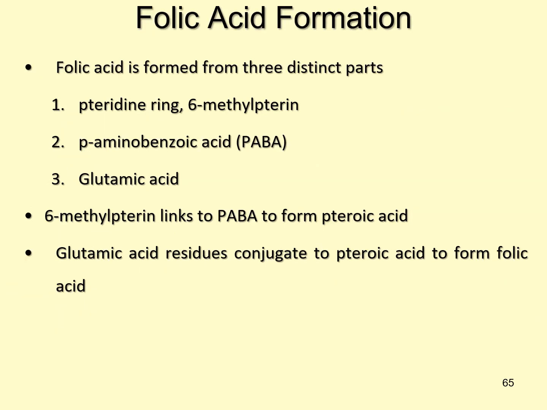Folic acid is formed from three distinct parts: the pteridine ring, 6-methyl pteridine, the para-aminobenzoic acid (PABA), and glutamic acid. The 6-methyl pteridine links to PABA to form pteroic acid, and the glutamic acid residue conjugates to this acid to form folic acid.